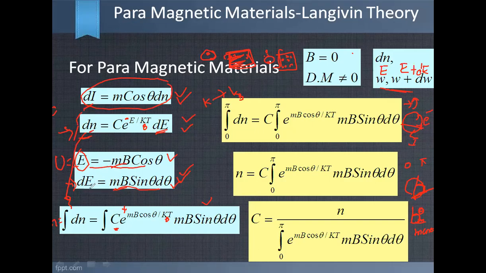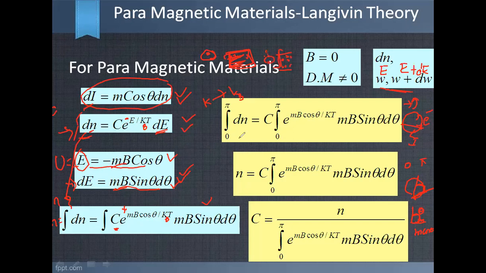We have to calculate dE. The derivative of cos theta is minus sin theta, the minus cancels, so mB sin theta d theta. You substitute all these things in the above equation, the dn equation. When you do the integration, you get the number density n, and c e power plus mB cos theta by kT, and dE we already got, mB sin theta d theta. I guess you understand that step.